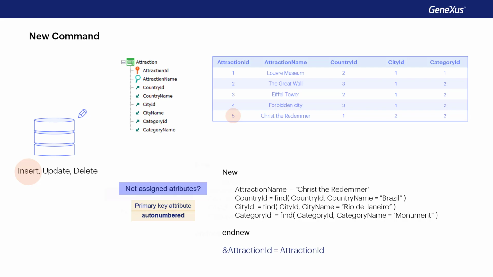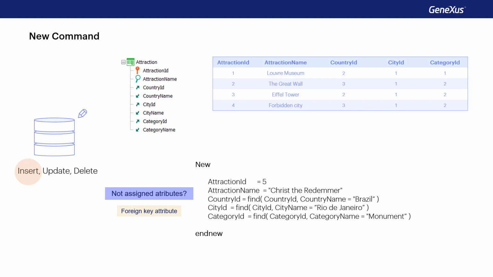What about attributes that are foreign keys, such as country ID, city ID, category ID? Does the new command perform referential integrity checks? The answer is no. This is because the command update was created to have a fast update method with the best possible performance. Performing these checks always slows down the operation.